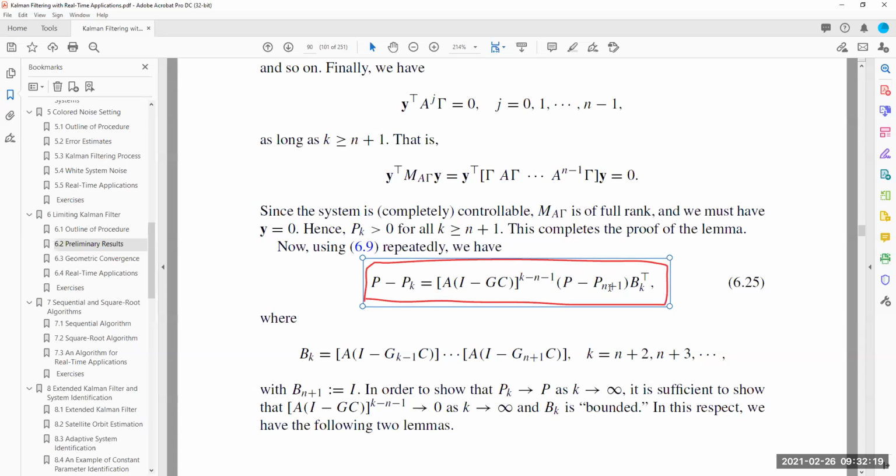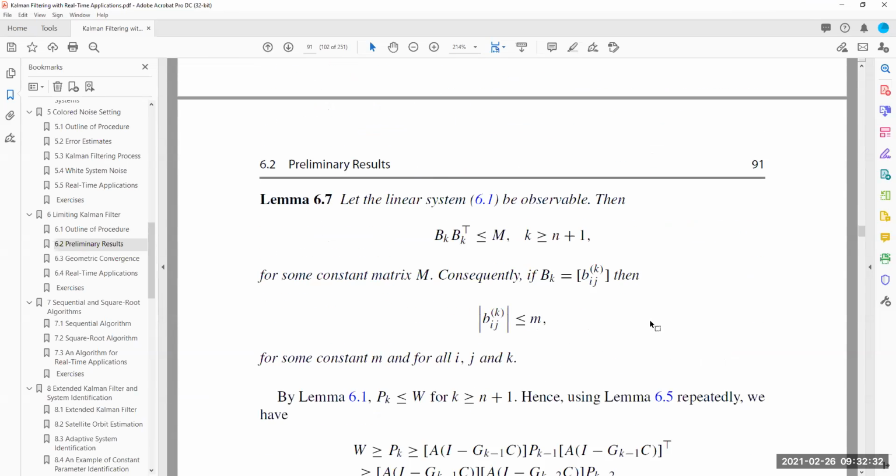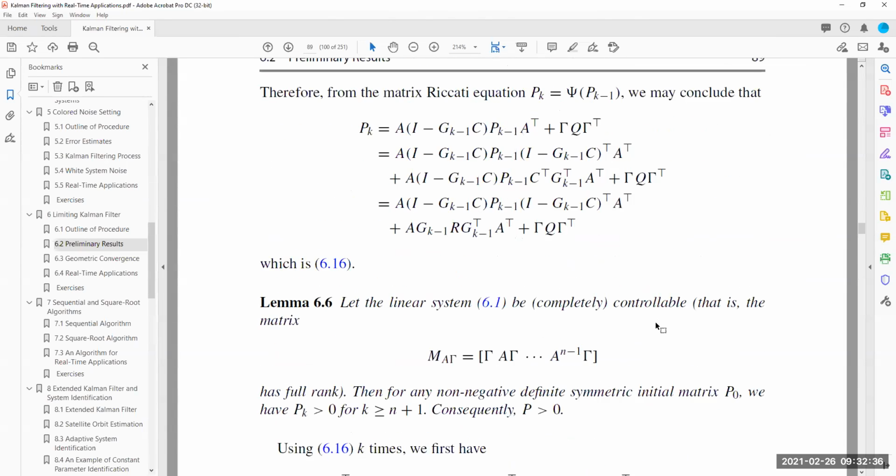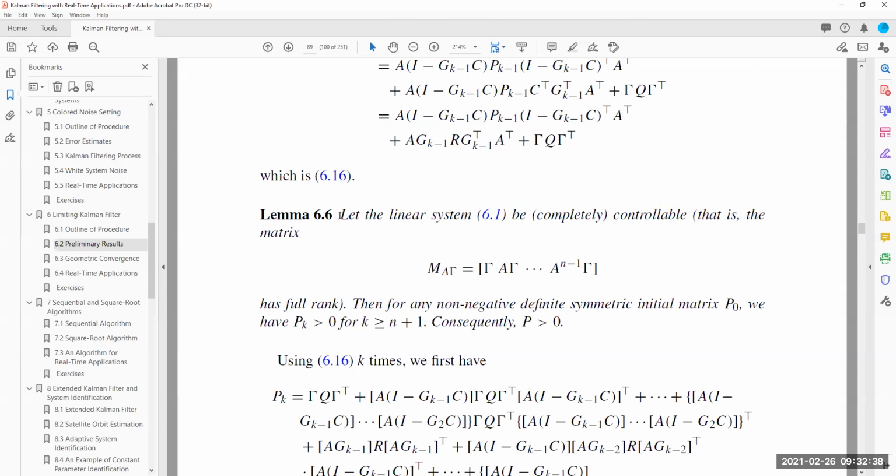Then in this form, the book first shows this part is bounded. To show this part is bounded, you need lemma 6.6. So lemma 6.6: let the linear system 6.1 be completely controllable.